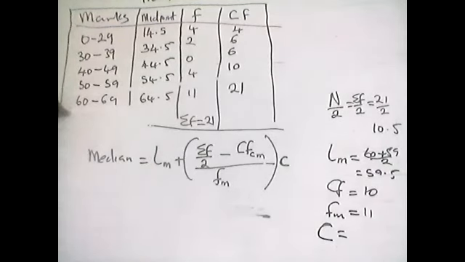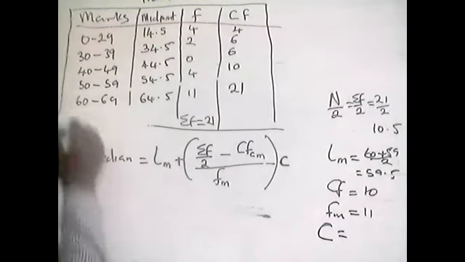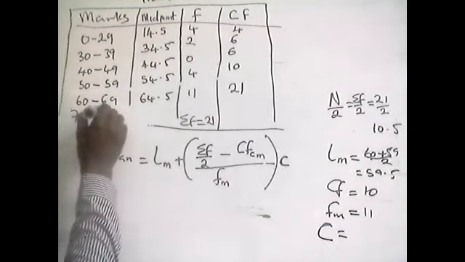What are we supposed to write here? Here guys. 70 to 79. Exactly. 70 to 79.